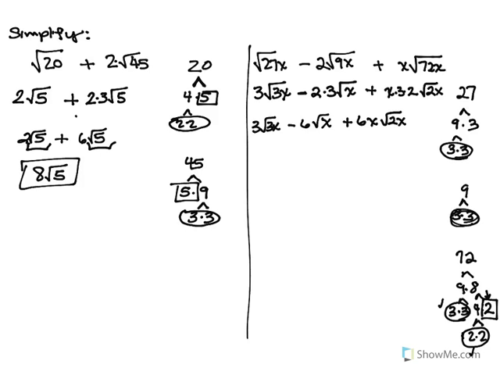When you look at this problem, essentially what you're supposed to do is identify whether or not you have like terms because we're simplifying. A problem is not completely simplified unless you combine all the like terms. So I look at everything behind each coefficient: square root of 3x, square root of x, x square root of 2x.